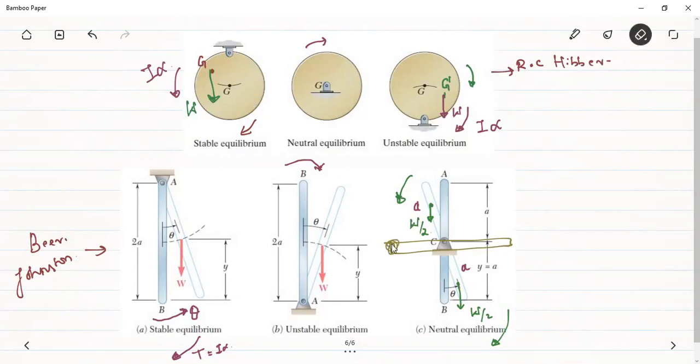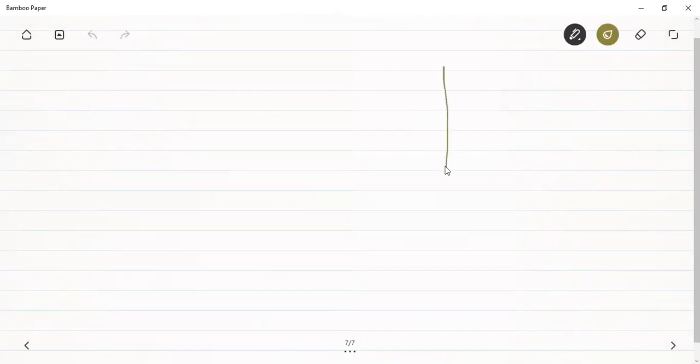Now how can this potential energy function help us to find the stability of the equilibrium? If we draw a curve, here we have an independent coordinate, suppose theta, and this is the potential energy, so we can see that the potential energy is a function of theta.